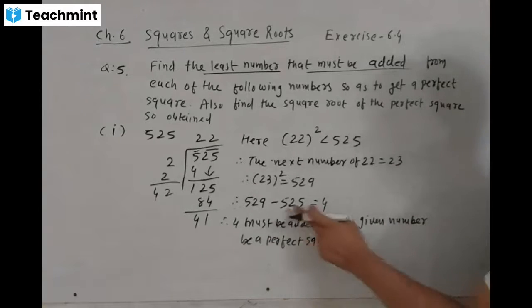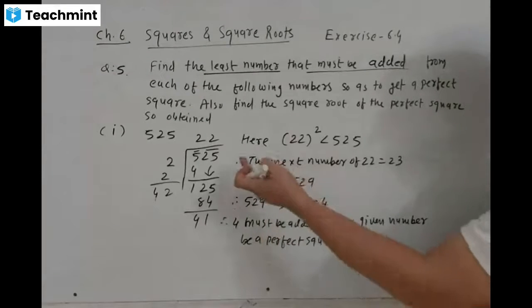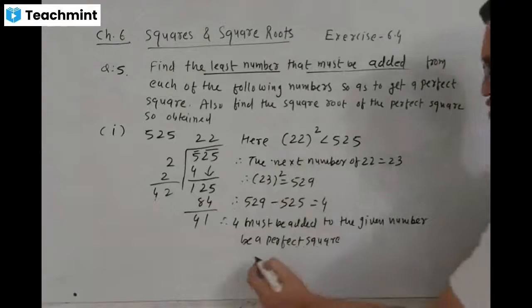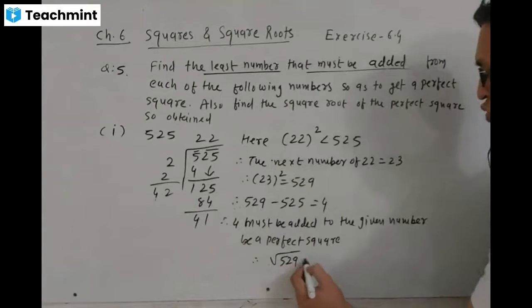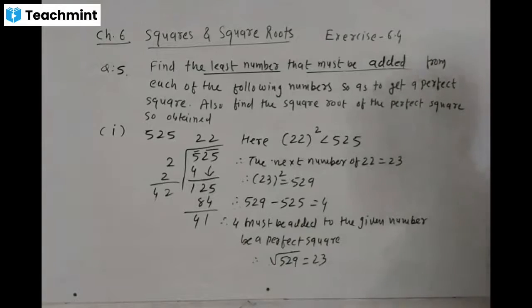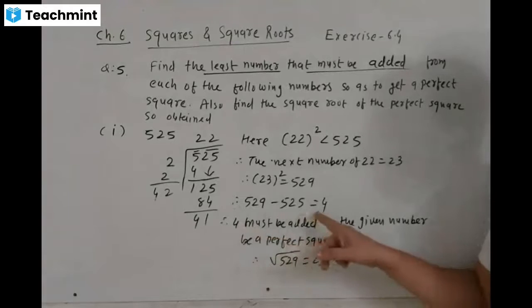If we add 4 to 525, which number will we get? 529. And what is 529? It is the square of 23. The square root of 529 is equal to 23. So which number must be added? 4 must be added.